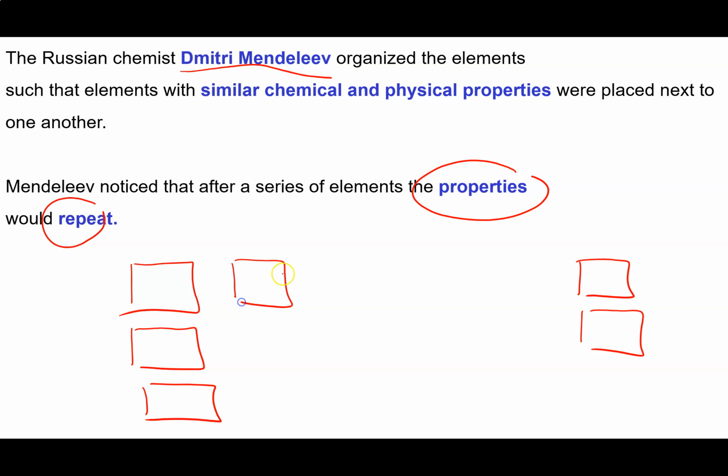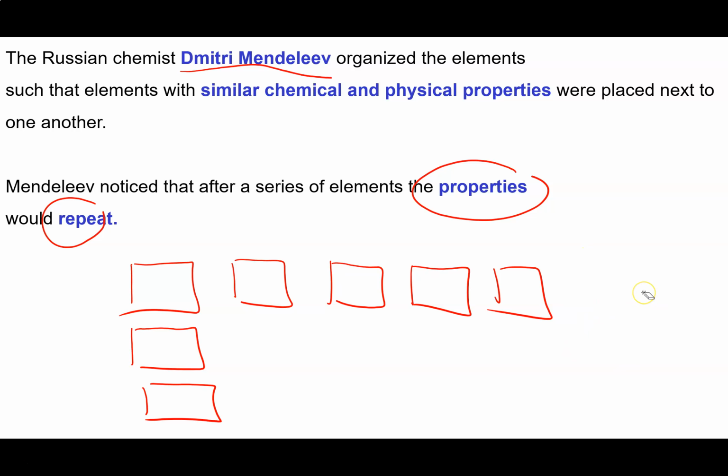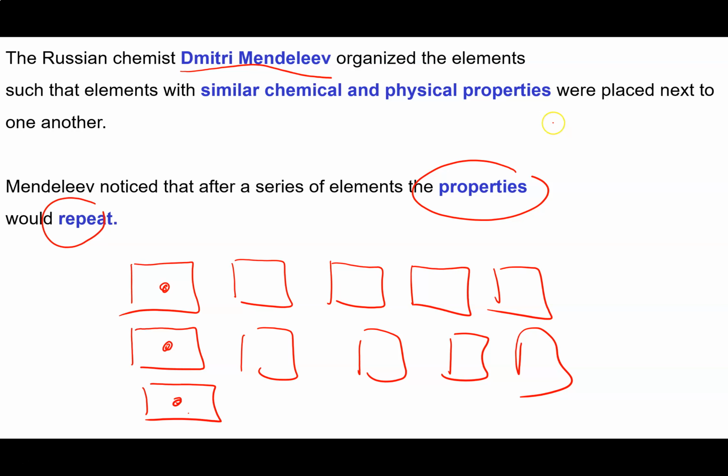He'd be going along, placing these elements nearest their most similar element, and then he'd get an element that was very similar to the one right at the beginning of the row, and then it'd go along for a bit, and then the next one would be very similar to the one at the beginning of the row, and so on and so forth. So the properties would repeat, and this was referred to as the periodic.